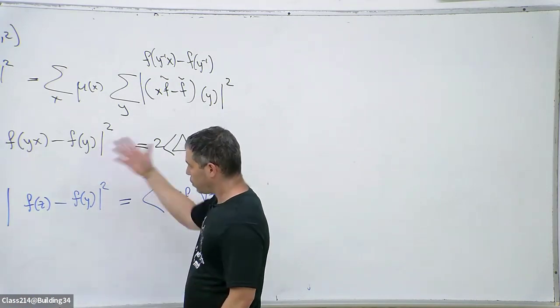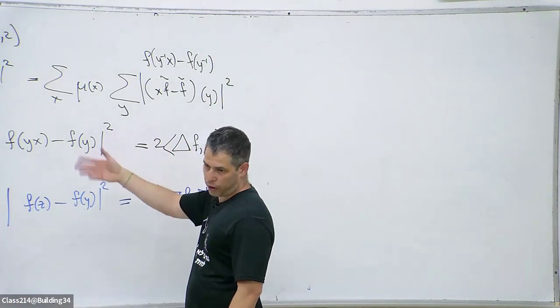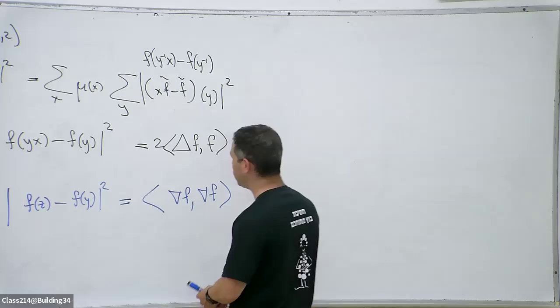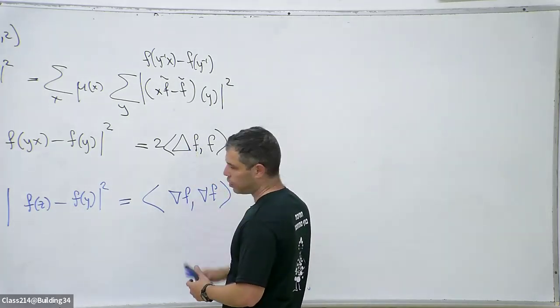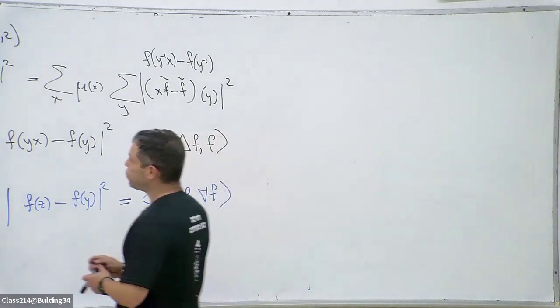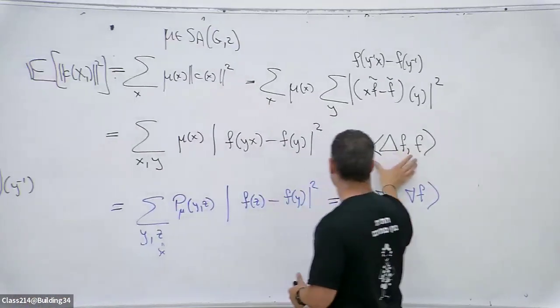Okay, I just wanted to remind you that when you sum the gradient squared, you're actually getting exactly something that has to do with the Dirichlet energy. This is Dirichlet energy. So you see the average of the norms is this thing.